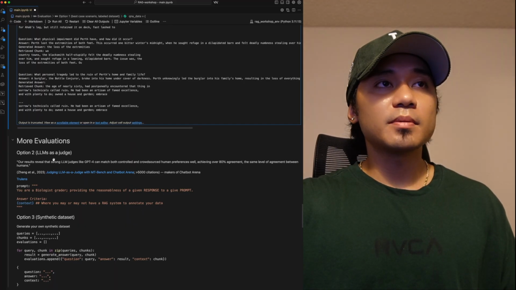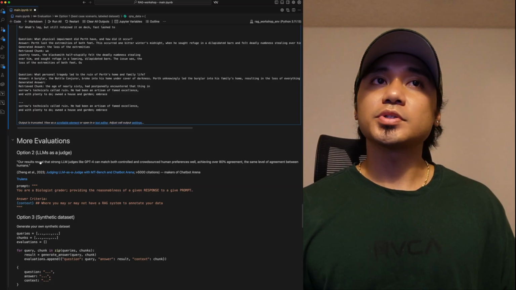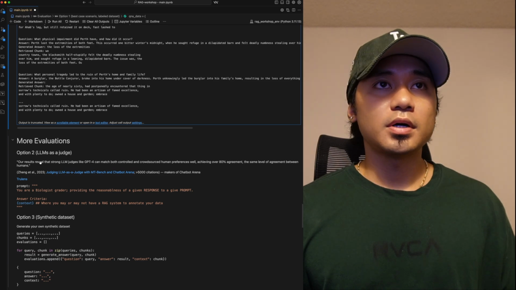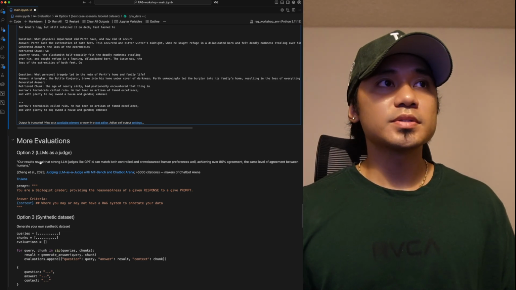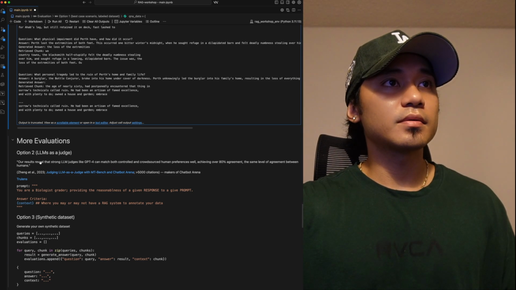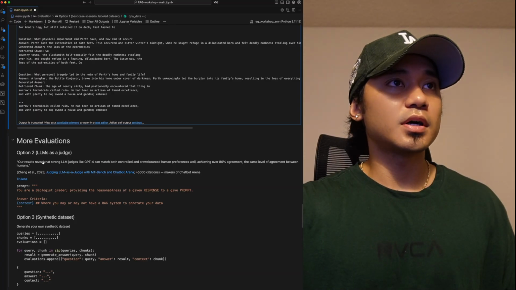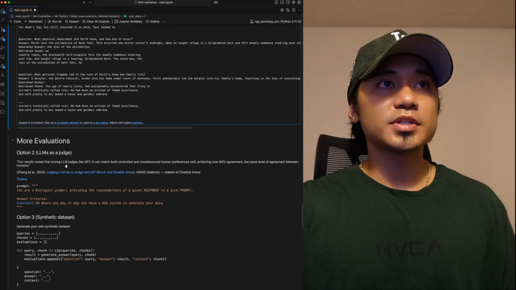The first time I heard about this, I was a little bit on the fence on whether I would trust a language model to evaluate my documents, but there's actually a research paper that was released on large language models as a judge.